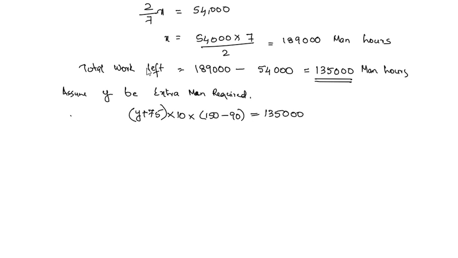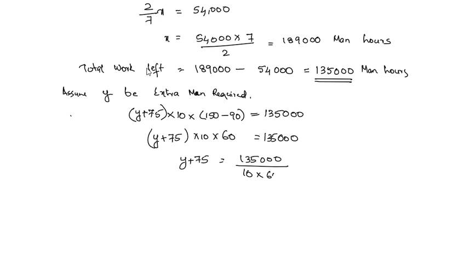So we should solve (Y plus 75) into 10 into 60 equals 1,35,000. Y plus 75 equals 1,35,000 divided by 600, which equals 225.